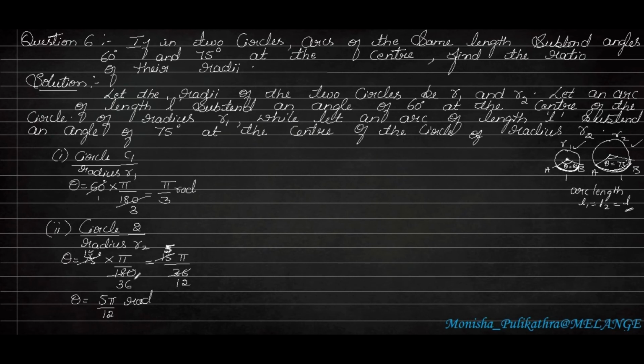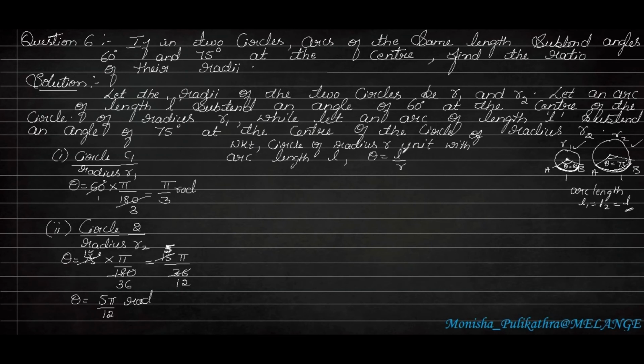Since we have got both, we know that for a circle of radius R units with arc length L, theta is equal to L by R. Here L is not given.